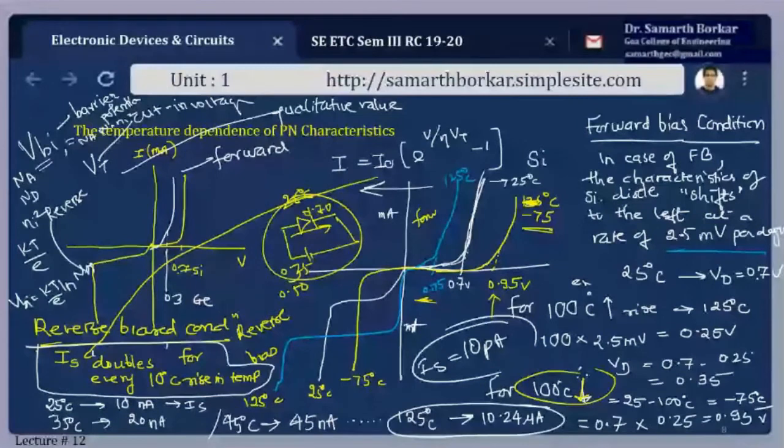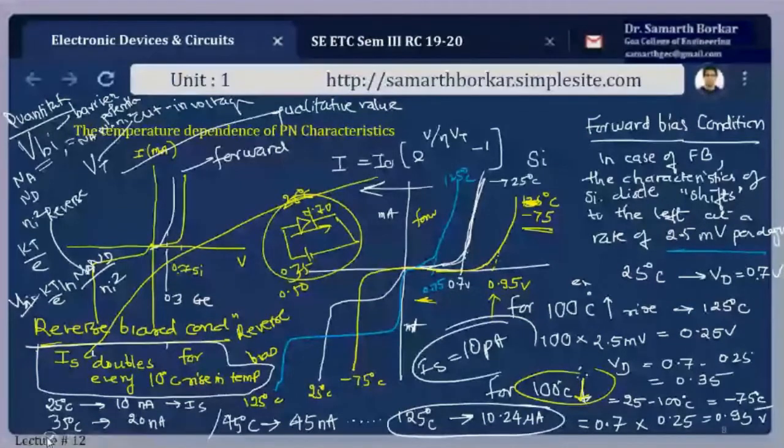This is the formula. So if I know these components Na, Nd, Ni square, I can calculate VBI. So VBI is a quantitative value which is fixed for a given sample. But the cut-in voltage is a qualitative value, and that's the reason why different textbooks will give different values for the cut-in voltage. I hope this is clear.